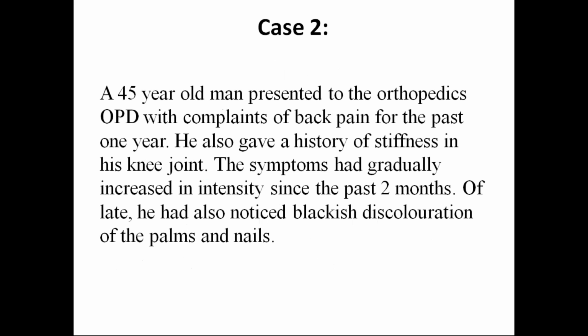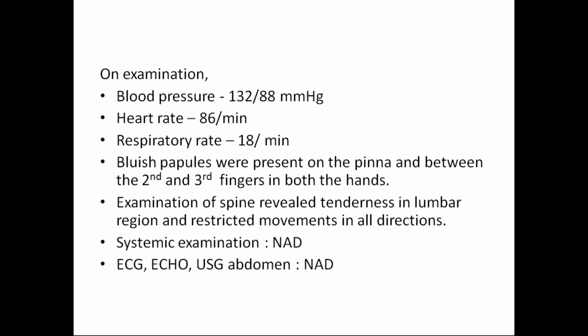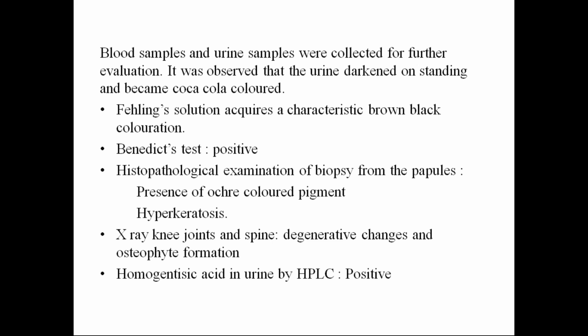For this, striking histories like discoloration of the palms and the nails. Findings where you will see the papules, bluish and black colored papules in the skin. And examination is important because all other routine examination will be normal.